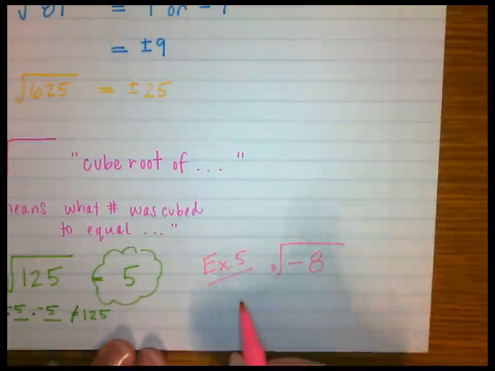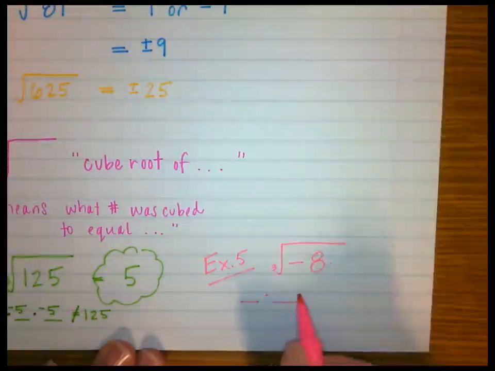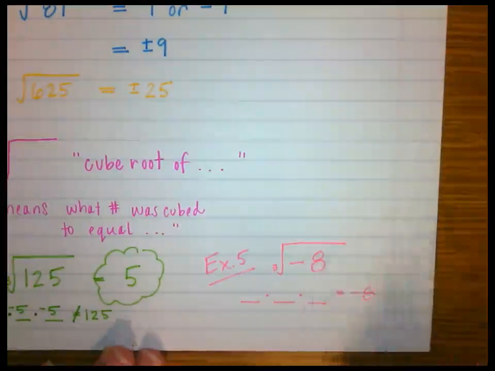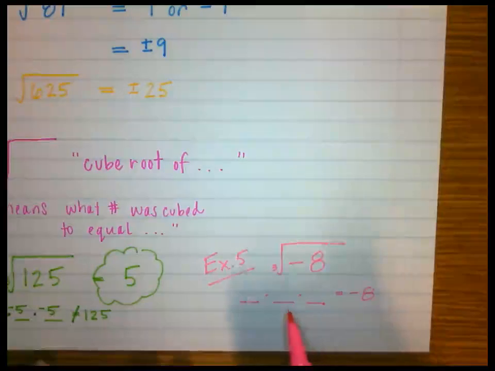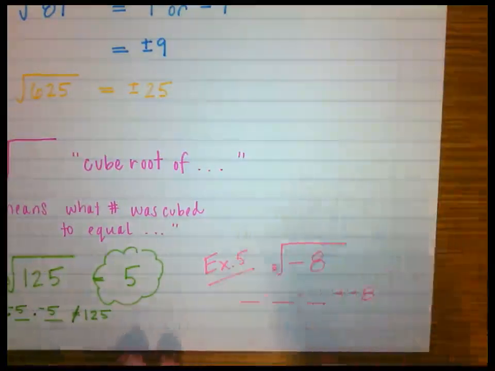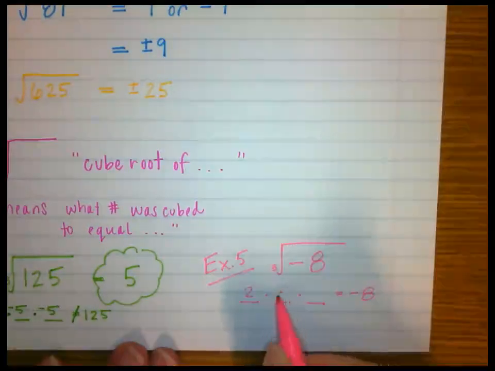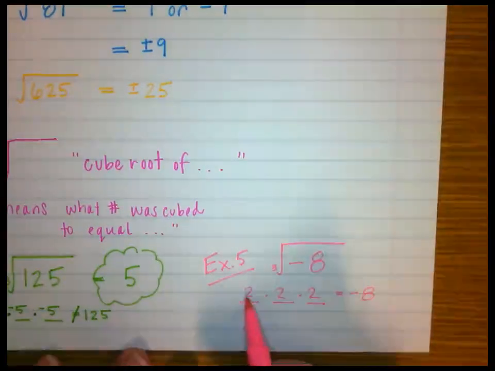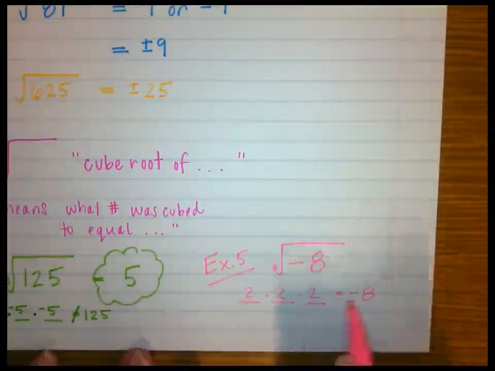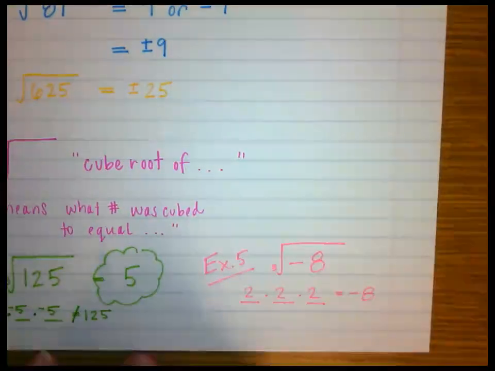So what that means is what number multiplied by itself 3 times equals negative 8. So what can we multiply to get negative 8? So first thing you might be thinking 2. And you are correct. 2 times 2 times 2 is going to equal 8. But how are we going to get a negative 8?